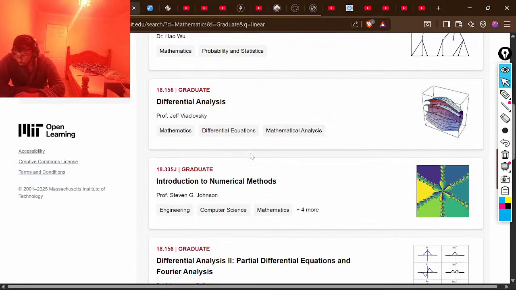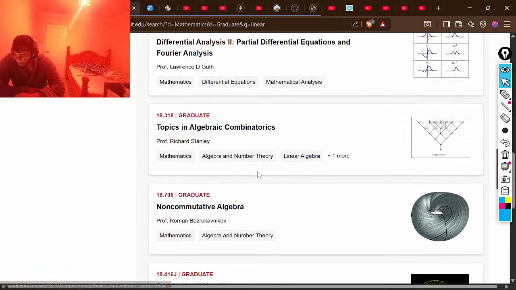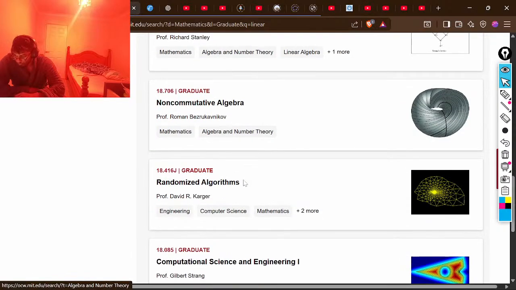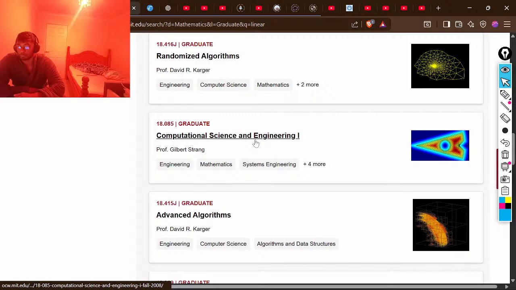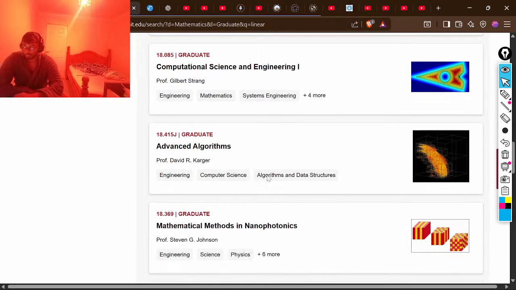Bro, look at that. That's actually tough. Computer science and engineering, what? That's like a graduate level course.